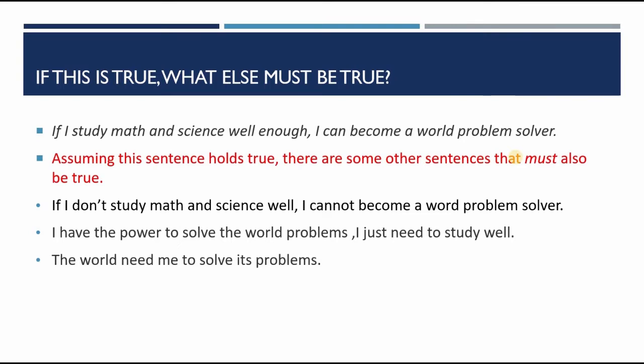If we are assuming this sentence holds true and is 100% correct, then there are some other sentences that must also be true, such as, if I don't study math and science well, I cannot become a word problem solver.